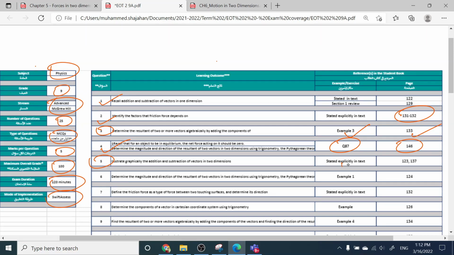Now we will go to question number 6, that is determine the magnitude and direction of resultant of two vectors in two dimension. Trigonometry, Pythagorean theorem, example 1 in page number 124.